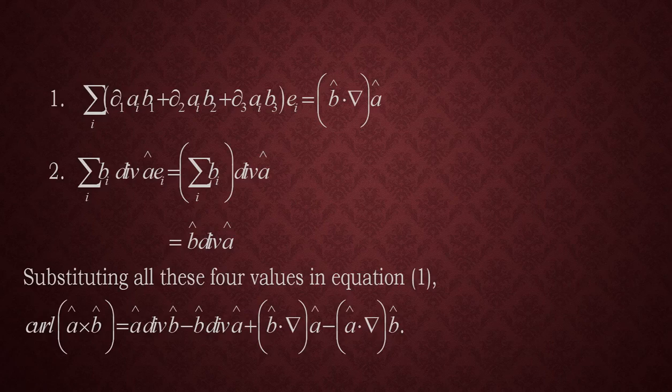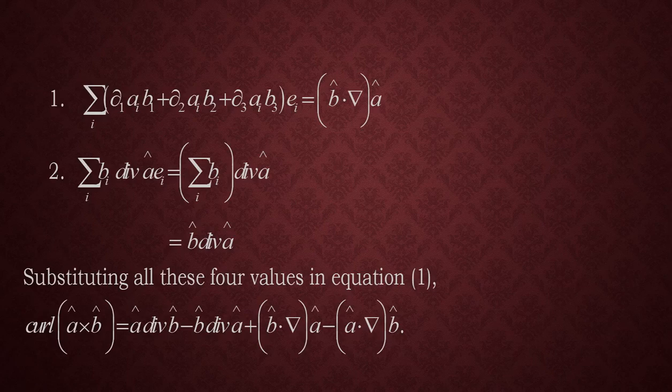Here sigma Ai Ei equals A1 E1 + A2 E2 + A3 E3. It equals A cap. So it becomes B1 ∂1 A cap + B2 ∂2 A cap + B3 ∂3 A cap. If we take out A cap, this becomes (B1 ∂1 + B2 ∂2 + B3 ∂3) times A cap.